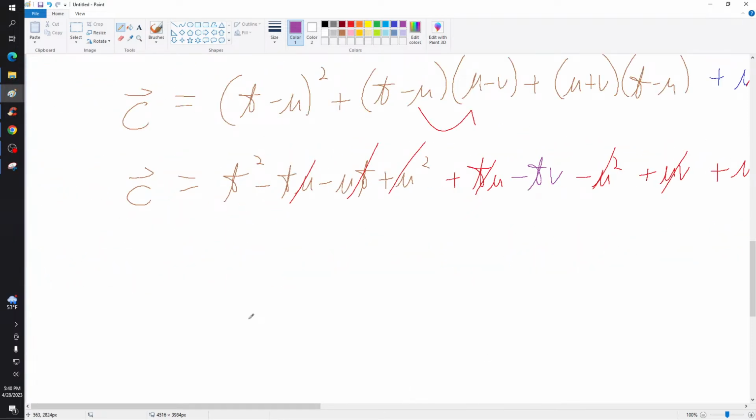So we get C equals T squared minus TV plus VT minus V squared.